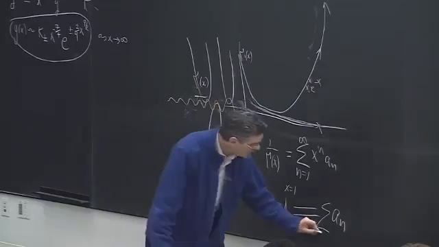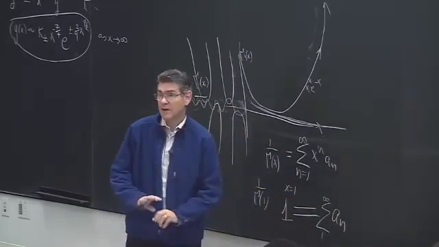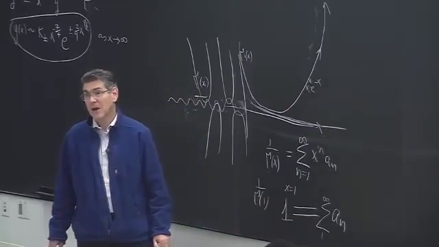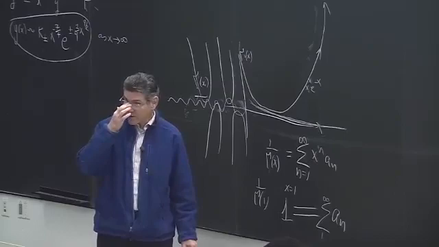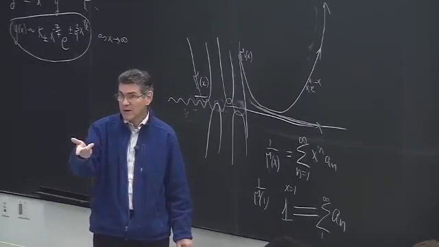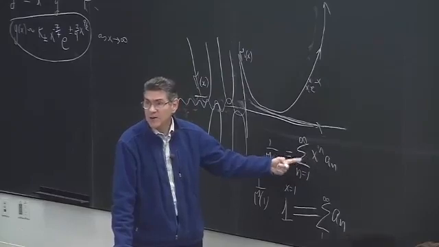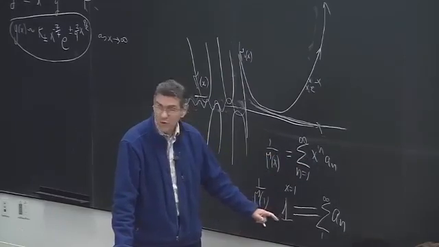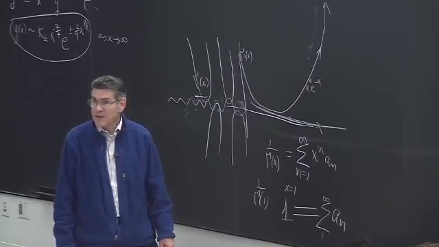So as n goes to infinity, this will converge to 1. It has to. But I dare you to put it on your computer. As practice, go on to Mathematica, work out this Taylor series, plug in x equals 1, and see if this is 1.